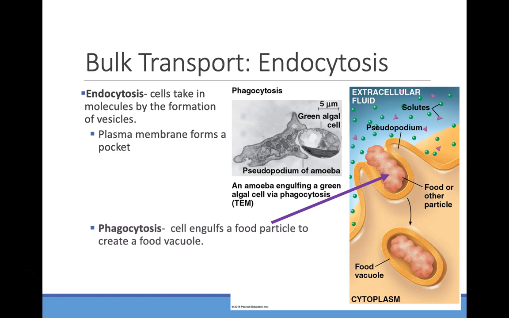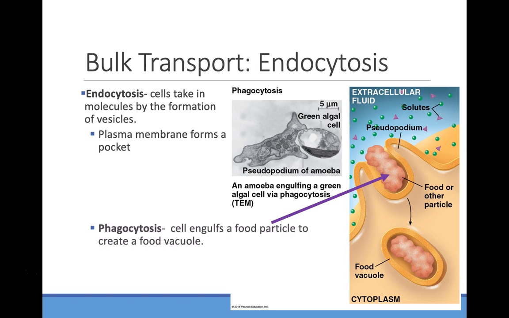And so the process of endocytosis is where a cell encloses something and then produces a vesicle that's now on the inside. In endocytosis, we often call this cell eating. There's a specific type of endocytosis called phagocytosis, and that's where the cell brings in this food particle.